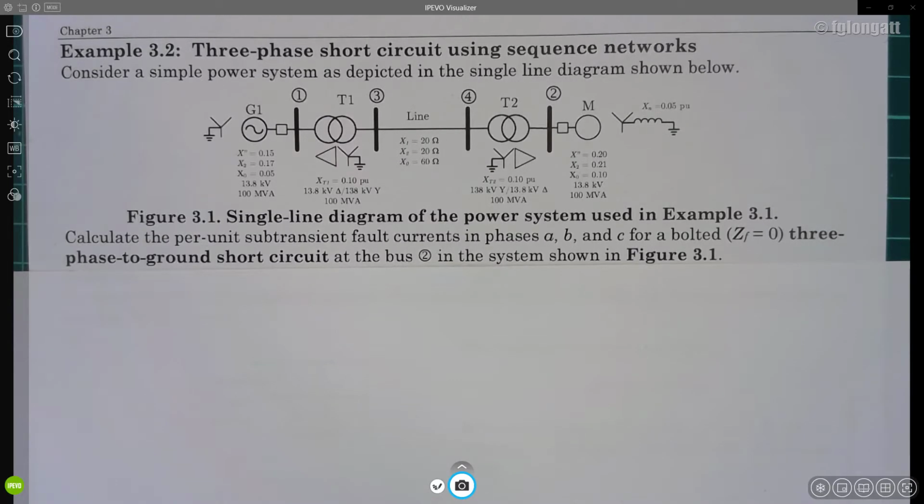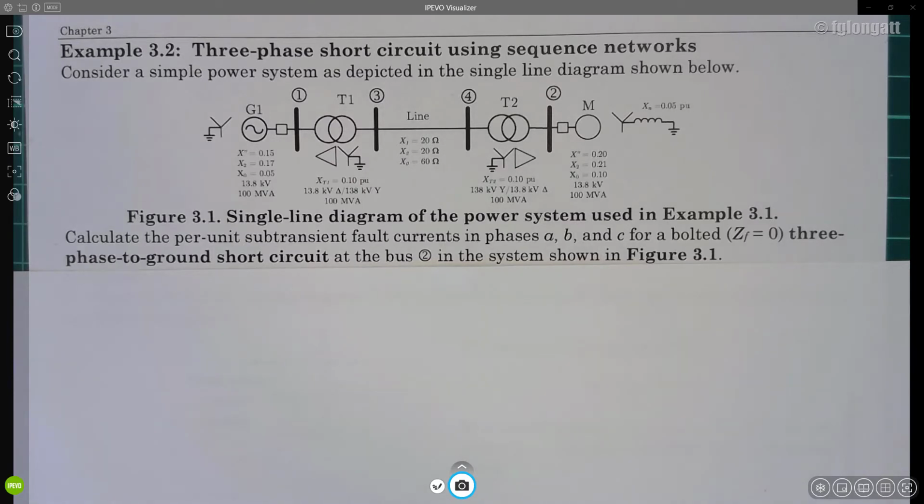And today the plan is to keep working on asymmetrical faults. Probably you can see here this is sample 3.2, and you are wondering, okay, but this class is related to asymmetrical faults, and the short circuit is a symmetrical fault.